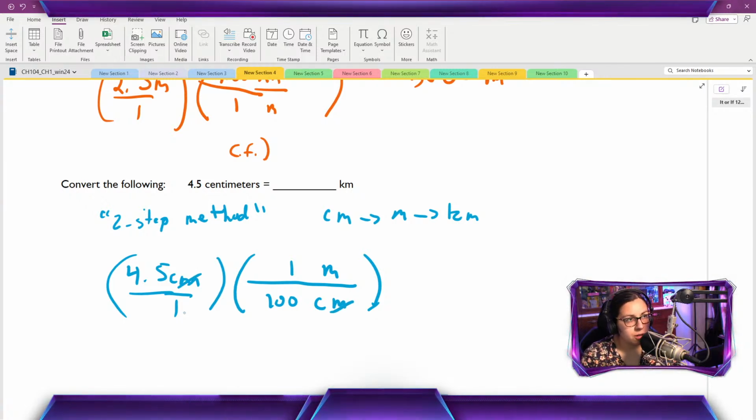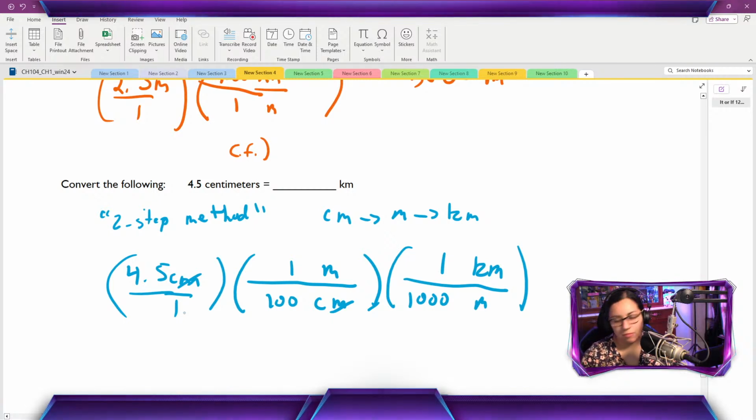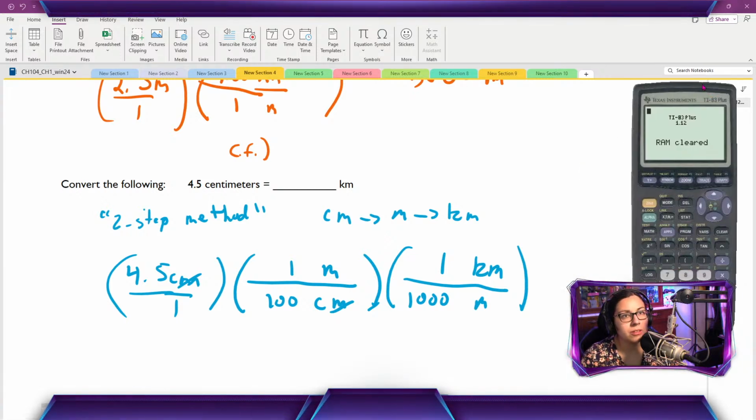And so now we're going to go from meters to kilometers. So kilometers on top, meters on bottom. So there are 1,000 meters in 1 kilometer. And I'll just pull out the calculator so I don't get screwy on the zeros here.